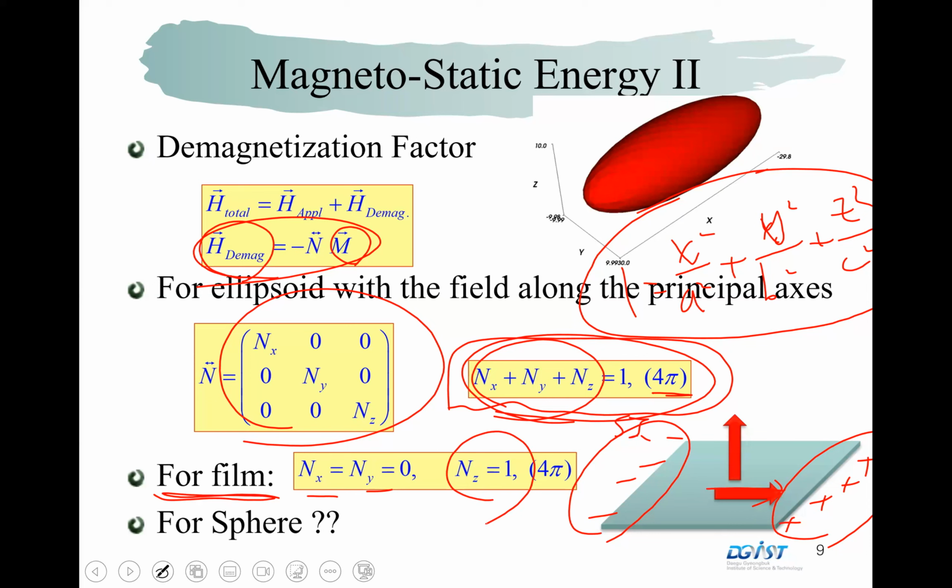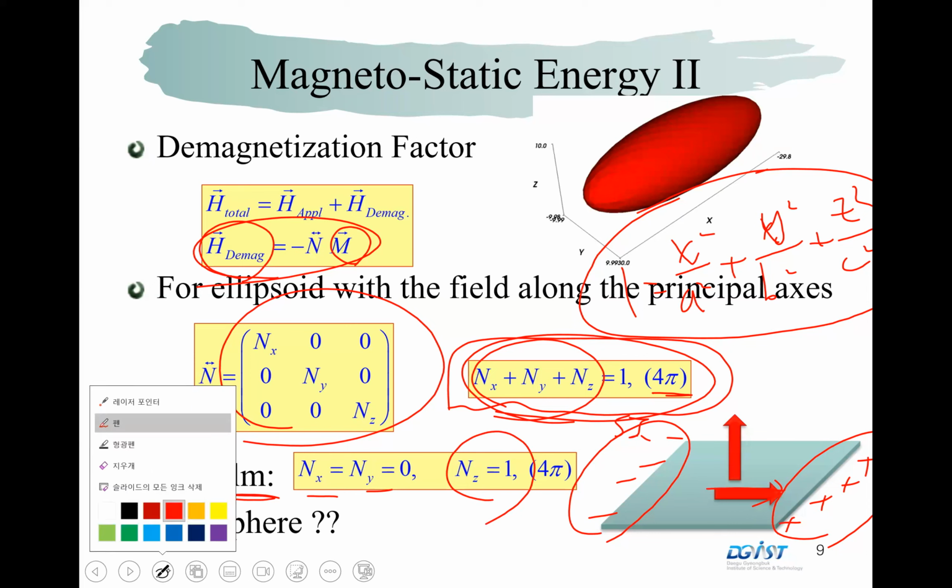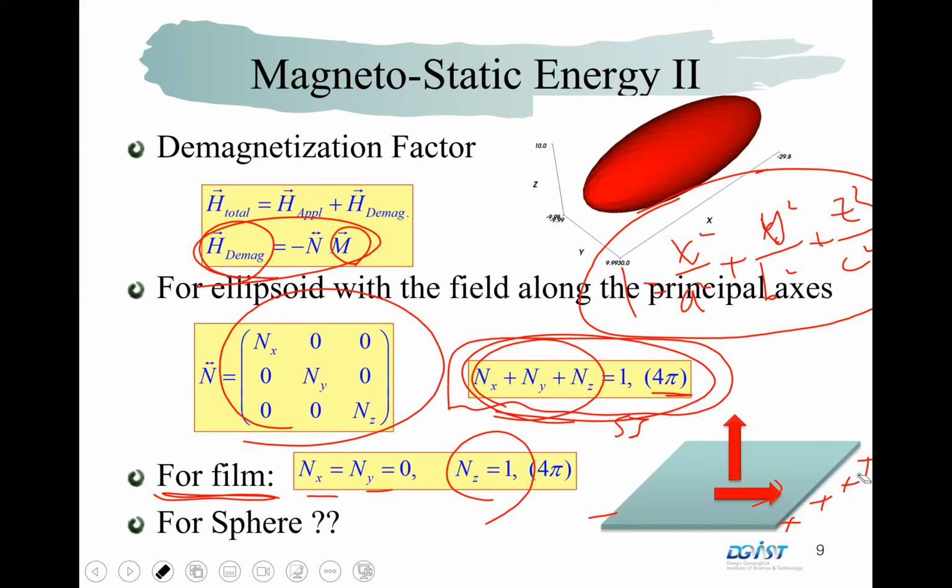So that implies if we have a film and the magnetic moment of the film is perpendicular, so we have a north pole and south pole here, then there is some field inside of the film in the opposite direction, amount of minus Ms. So this demagnetization coefficient for the film is very important in many applications.